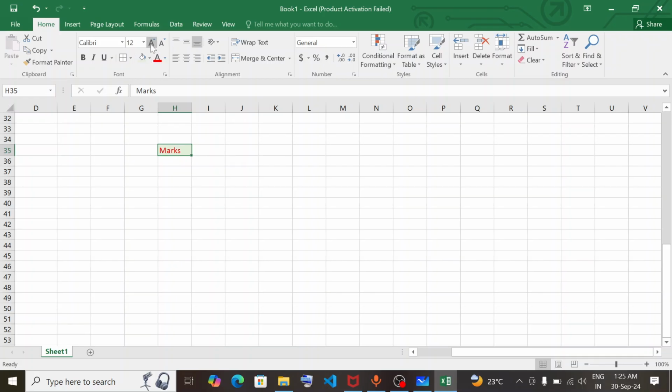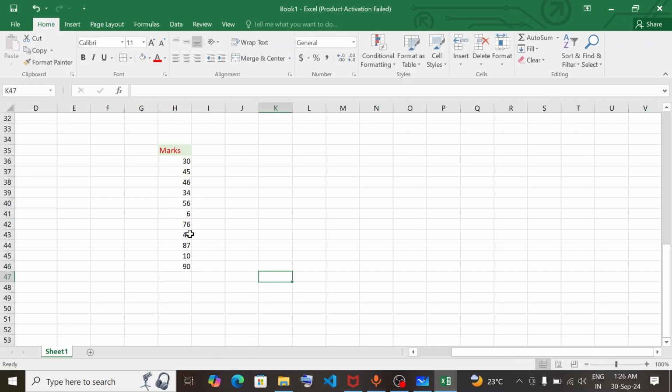The marks are 30, then 45, 46, 34, 56, 65, 76, 45, 87, then 40 here, and one of the students got only 10 marks, and one of the students has got 90 marks.